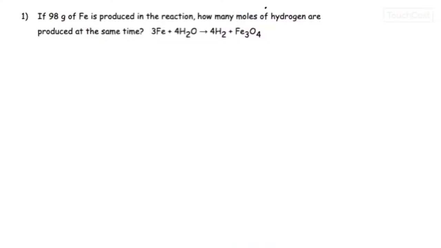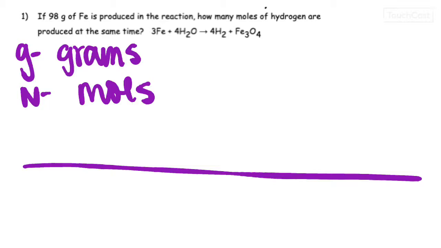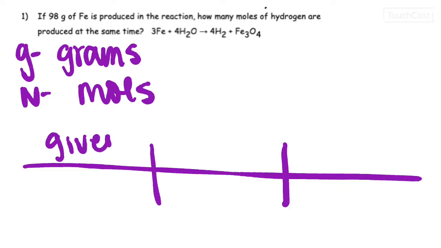So now let's go over the structure that you're going to use. Anytime that you are given grams and you need moles, we're going to draw our train tracks, and we are always going to put our given in the top left. In this case, our given is in grams.